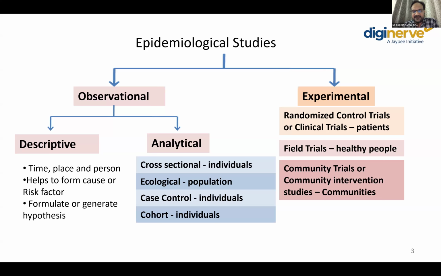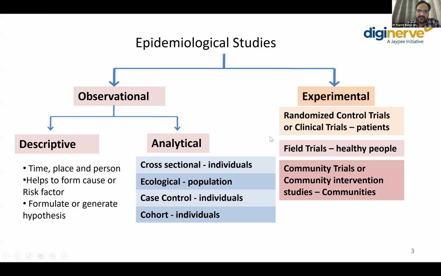In the last lecture, I described in detail the descriptive studies. A descriptive study is used to formulate or generate the hypothesis. Now, after we generate the hypothesis, we will test the hypothesis in analytical, and we will confirm that hypothesis in the experimental.